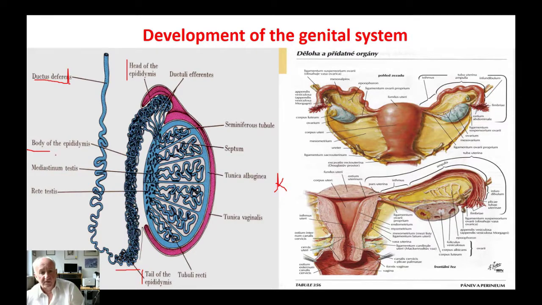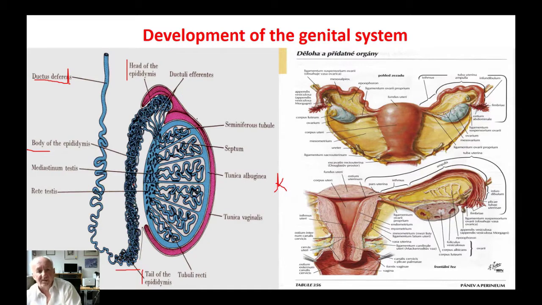So, ductuli efferentes, ductus epididymidis, ductus deferens, and ductus ejaculatorius, and the next passage in a male is still the urethra: the pars prostatica, pars diaphragmatica, and pars spongiosa of the urethra, up to the fossa navicularis at last.